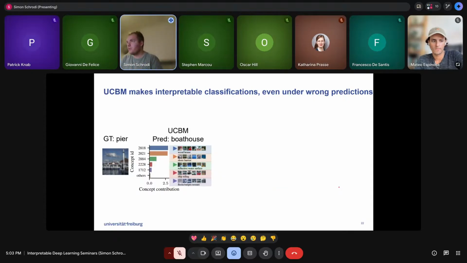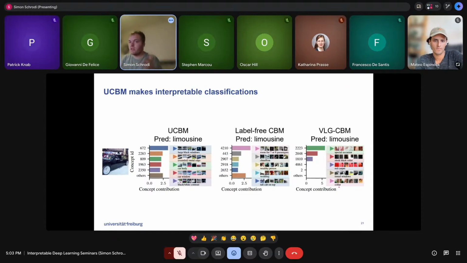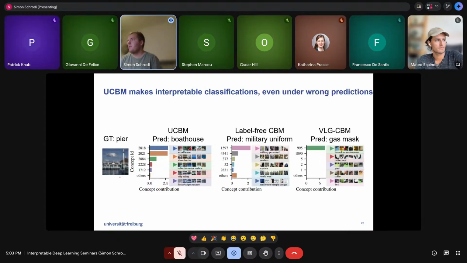If you only look at correct predictions, it can be misleading, because the model just predicted the correct class, and you could argue you can somehow see these concepts in the image. However, with misclassifications where the concepts are not present, it is very obvious that there's something off.